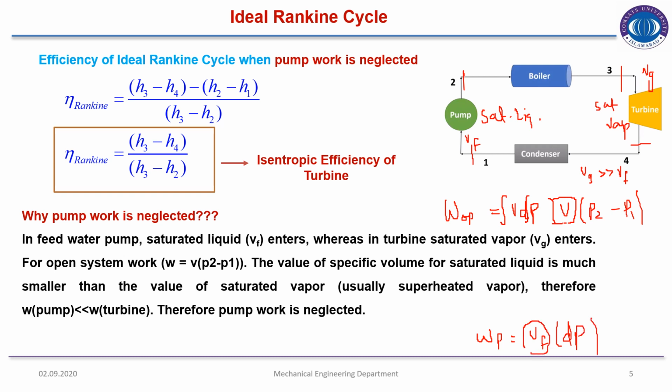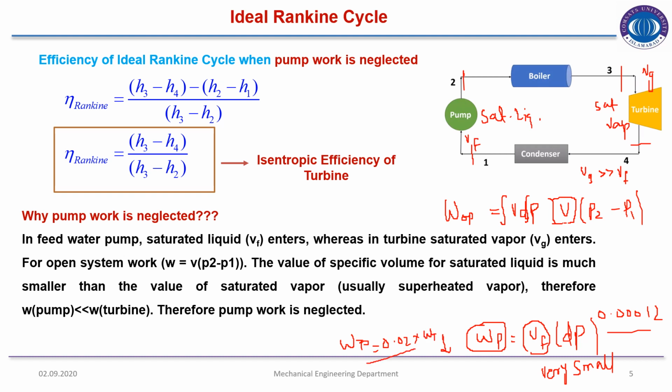As this value is very small, it may be in the region of 0.0001. So the value of pump work is very small. It may be 1 to 2% of Wt, maybe even 0.02% of Wt.